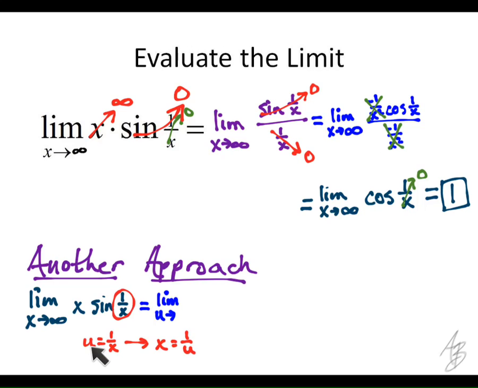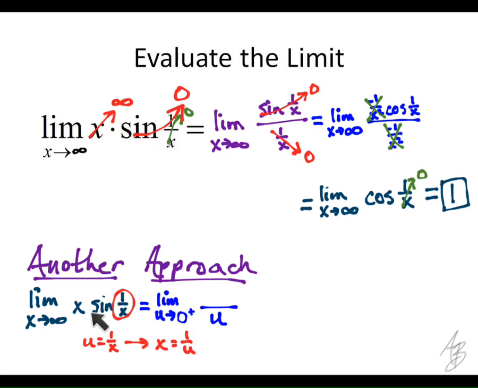It approaches 0, but we said it could be important to know which side it approaches 0 from. So since x is going to be positive infinity, then u is going to be approaching 0 from the right.